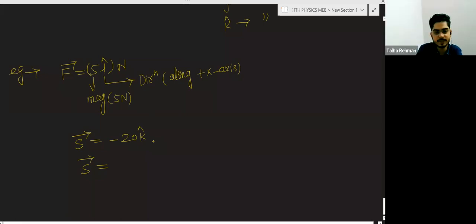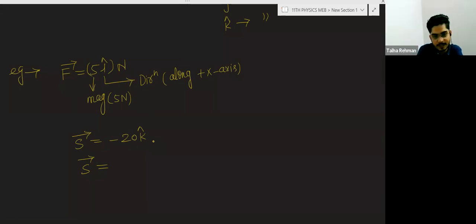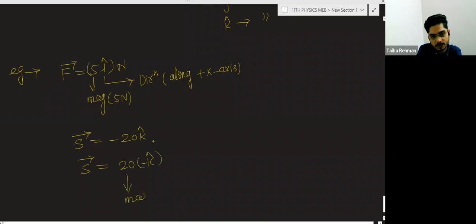Your answer is 50% right. Actually, magnitude cannot be negative. So you can write this as 20 into minus k cap. This is the magnitude and this is the direction, meaning the direction is the negative z-axis.